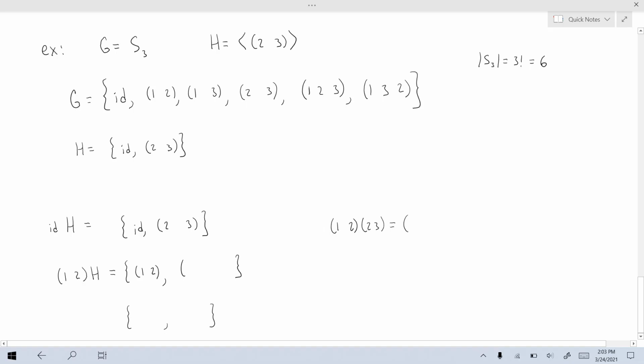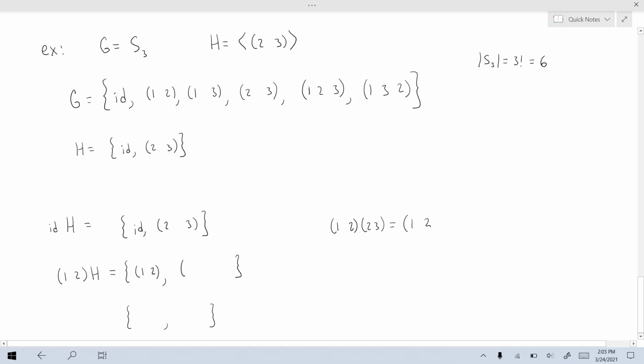So remember how we do this. We can start by taking any number between 1 and 3. Let's take the number 1. So what does 1 ultimately map to? First, this permutation maps 1 to 1, so we'll take that 1 and plug it into this permutation, which will map 1 to 2.